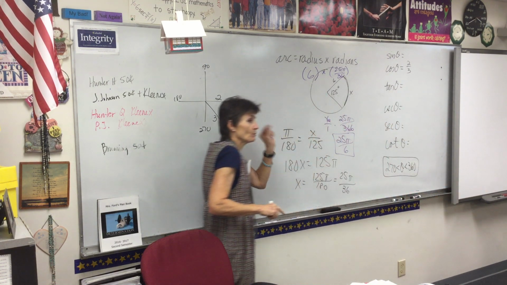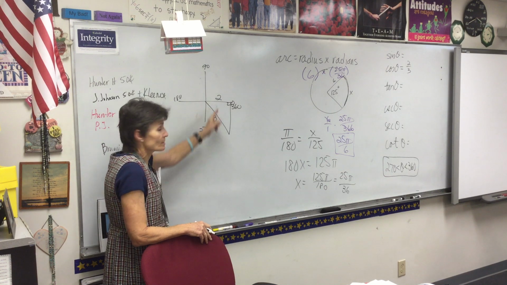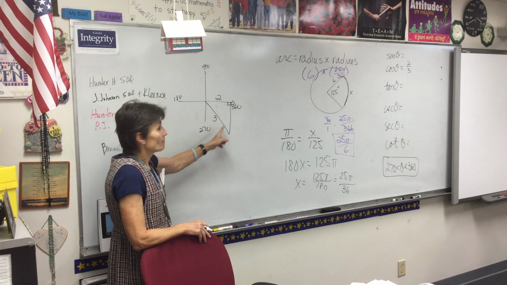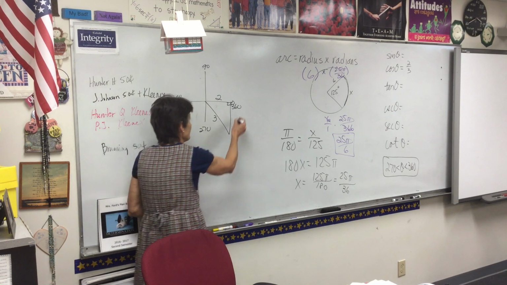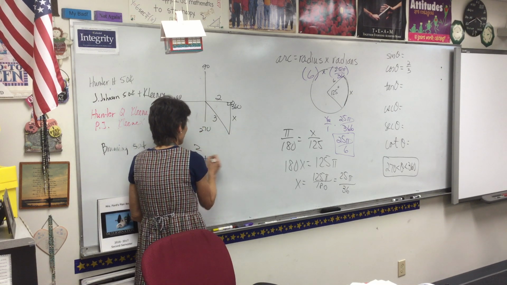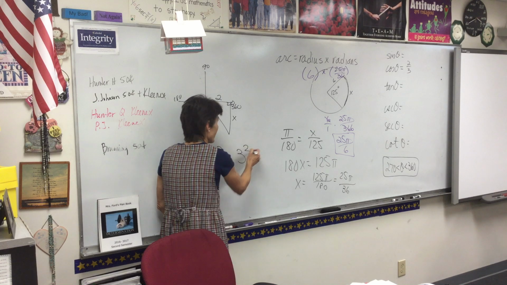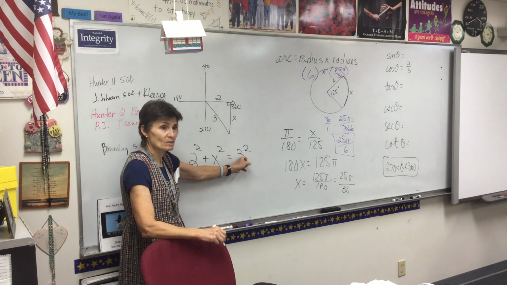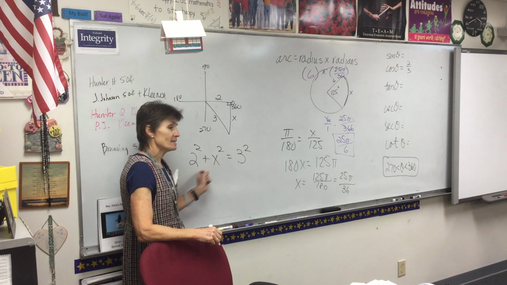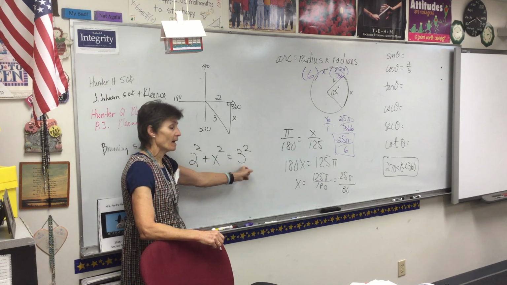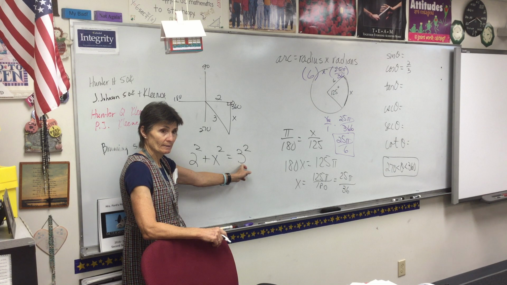And then what do I do every single time I know two sides of the triangle? Pythagorean Theorem to find the third. And when I do that, it's 2 squared plus x squared equals 3 squared, because the hypotenuse is always the one that's over here. I don't care about these two, order is irrelevant, but the hypotenuse has to be over here.